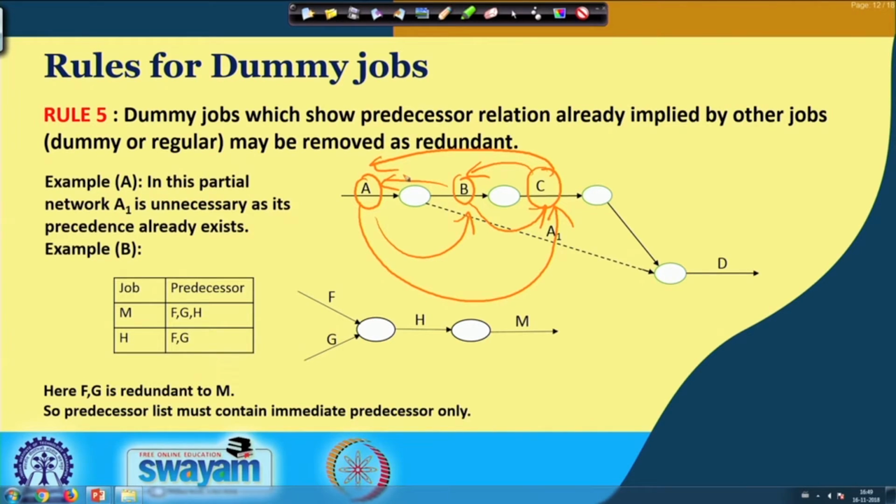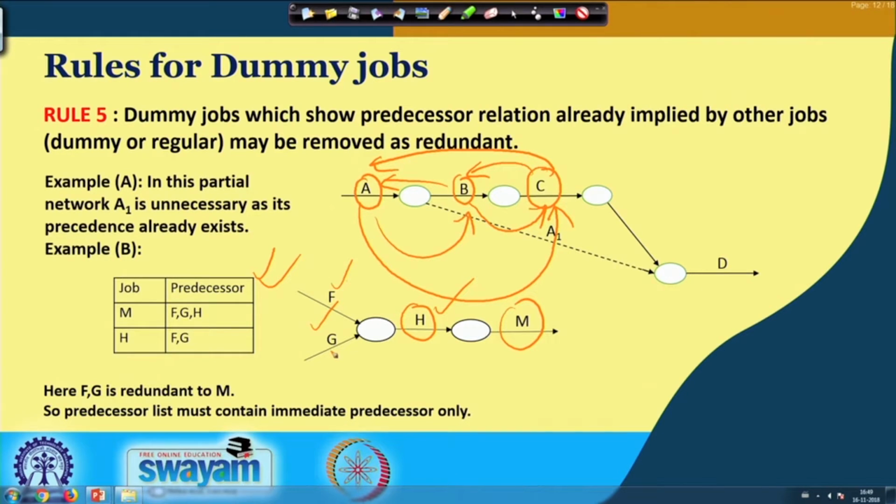So, if you look into this, you will find, say for job H in this example, having the immediate predecessors of F and G, and M, the H is the immediate predecessor, but F and G are the distant predecessors.